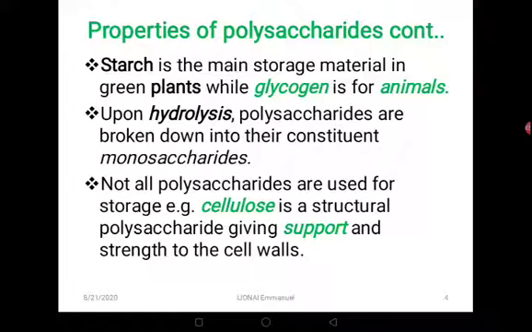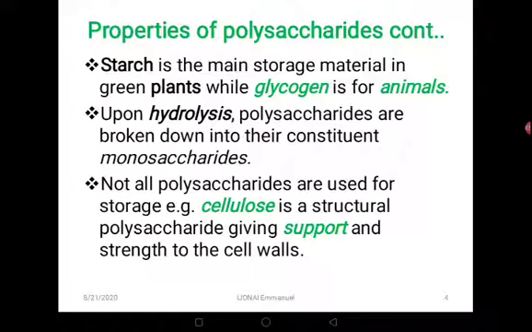So the process by which a polysaccharide is broken down to produce its constituent monosaccharides is what we call hydrolysis or breakdown reaction. A reaction of breaking down a larger molecule in the presence of water is what we call hydrolysis.